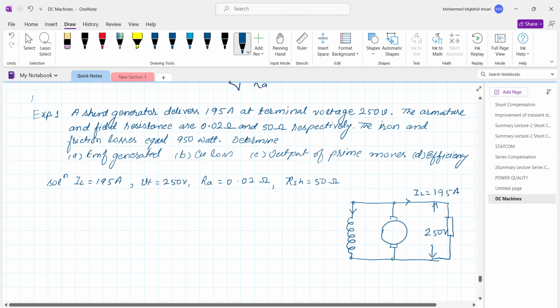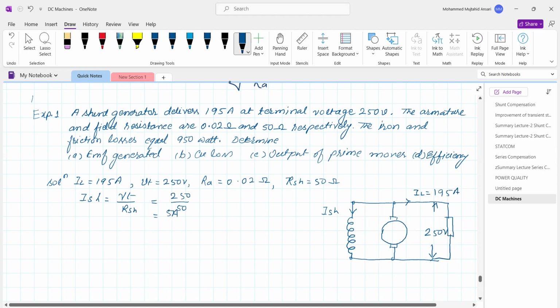So we can calculate ISH, shunt field current. ISH is equal to VT upon RSH, which is equal to 250 upon 50 ohm. So it is equal to 5 ampere.